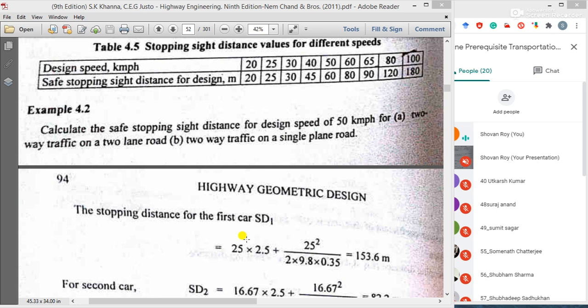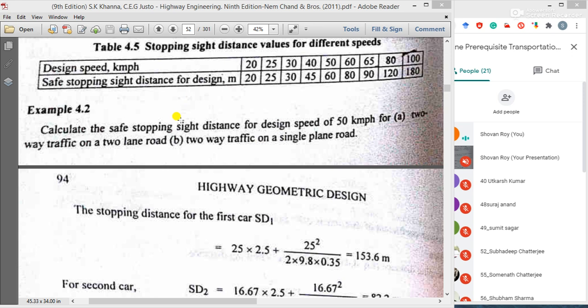Now initially, if we talk about the stopping distance, there is a numerical problem which needs to be solved. The first problem I have taken from the Khanna Justo book, the book already given to you as an e-copy.